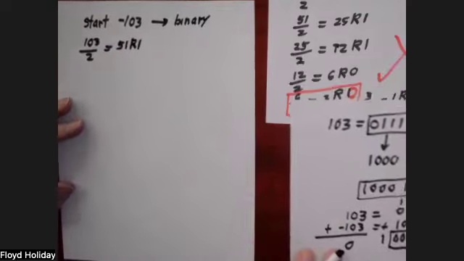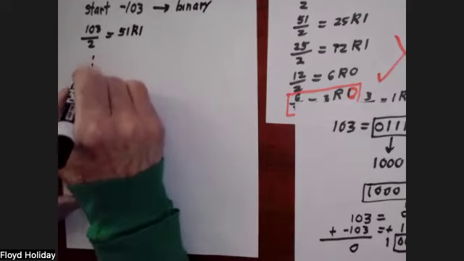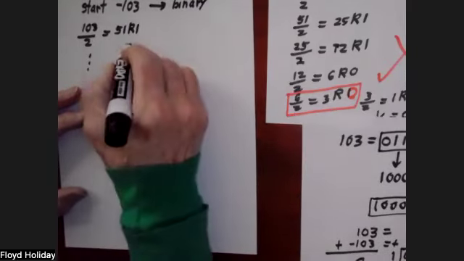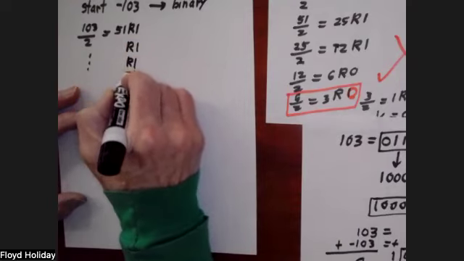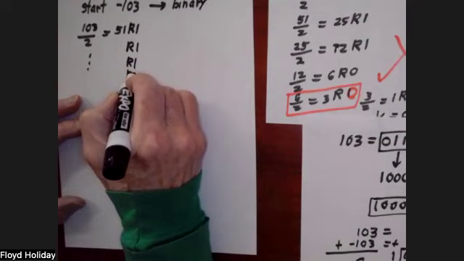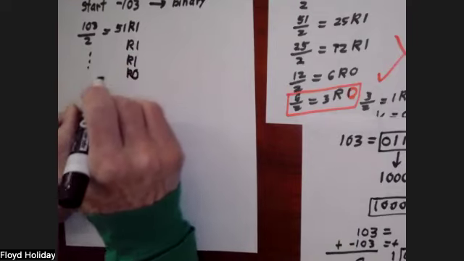You keep this going, dot dot dot, and you come to the remainders: R1, R1, R0, 3 1s and a 0.